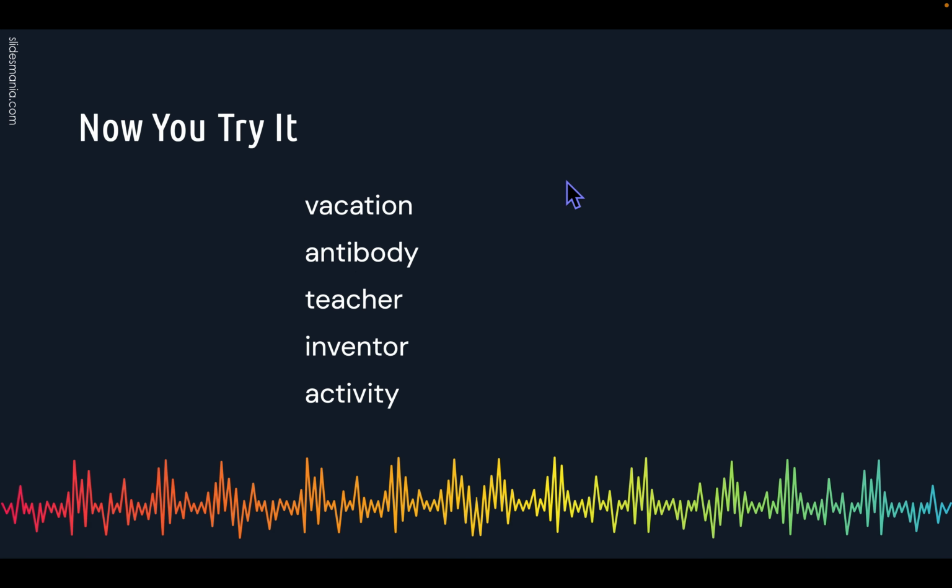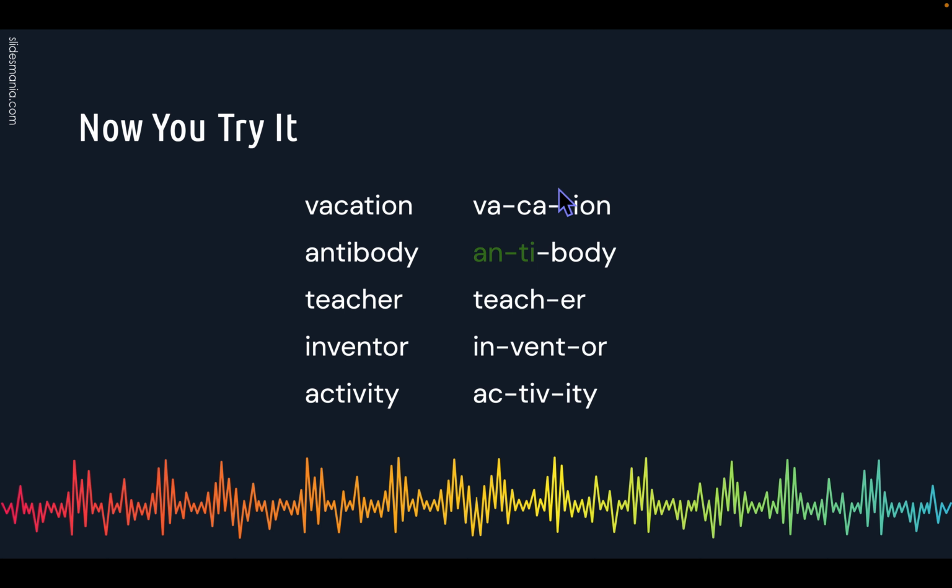Okay, go ahead and try it with these words. All right, we are going to divide after a vowel before a single consonant here and before this suffix here. So we have vacation. Now, this is 1 prefix, but it's 2 syllables.